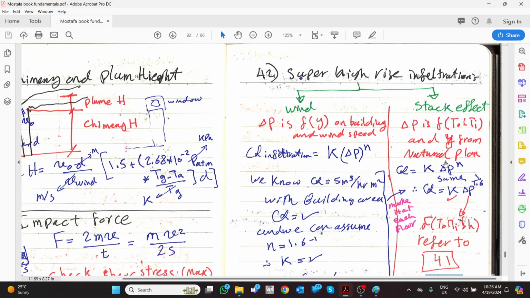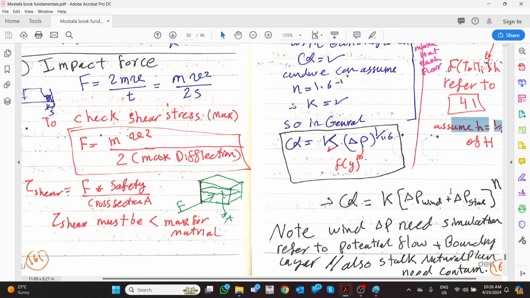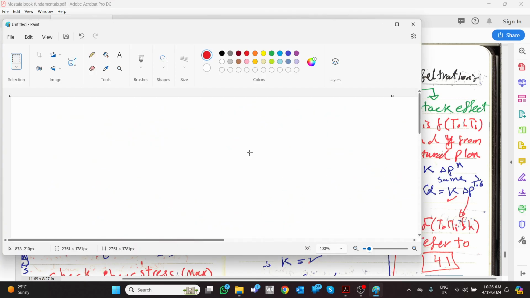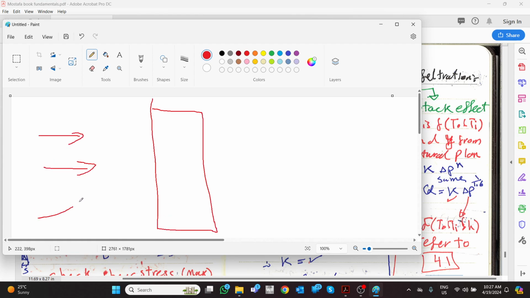Okay, now we know how to calculate the infiltration due to the stack effect. There is another one, which is the wind. You need to consider it if you have a building and there is wind, as we already discussed.